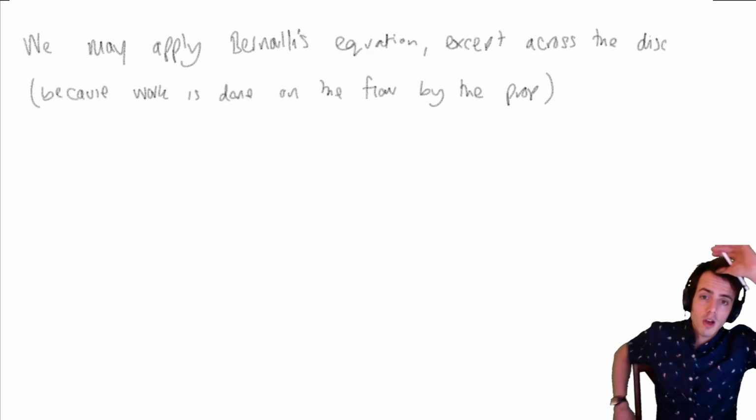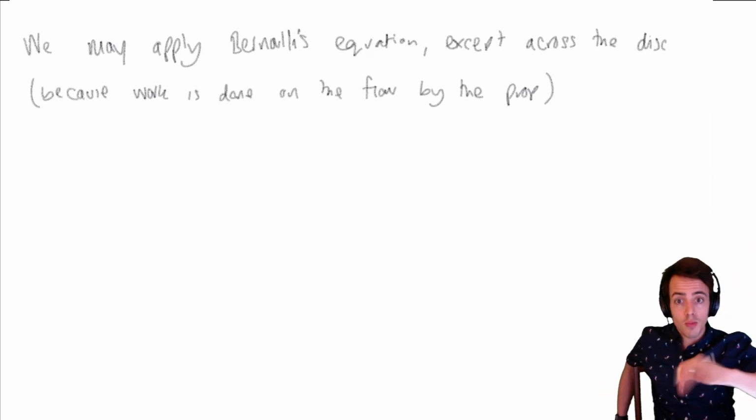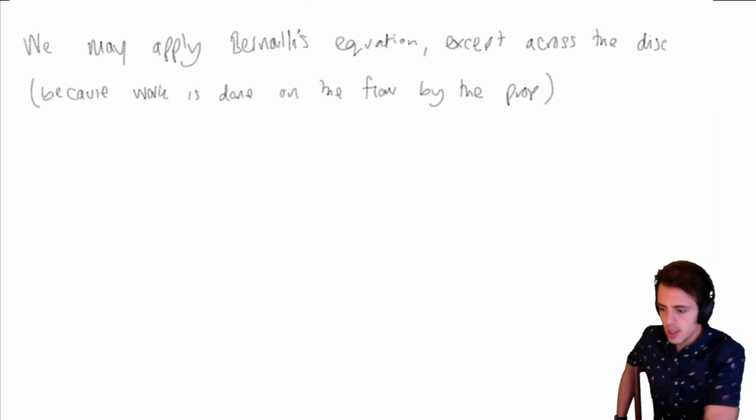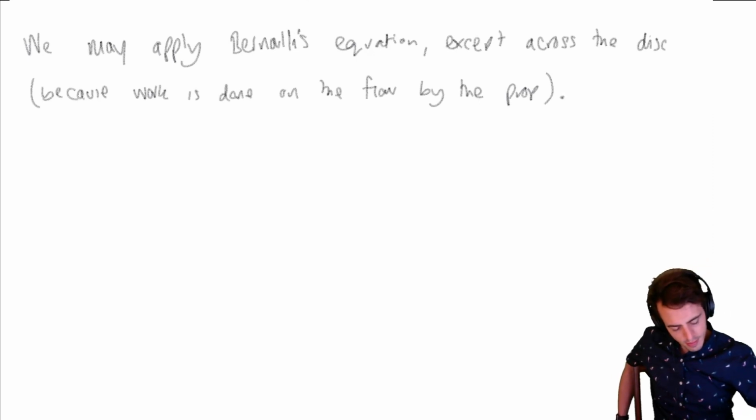Because we're doing work on the flow and we're changing the total pressure by that increment delta P, we can't apply it there. But we can apply it separately upstream and downstream.